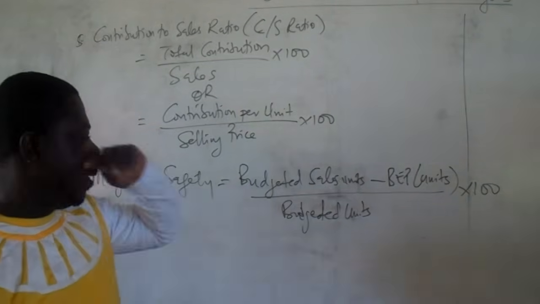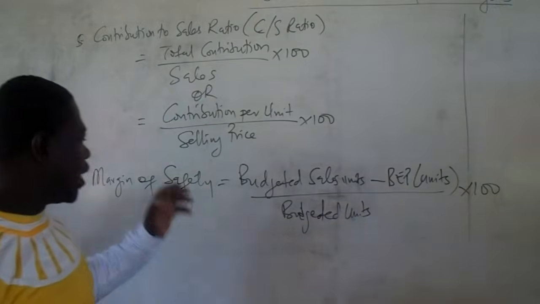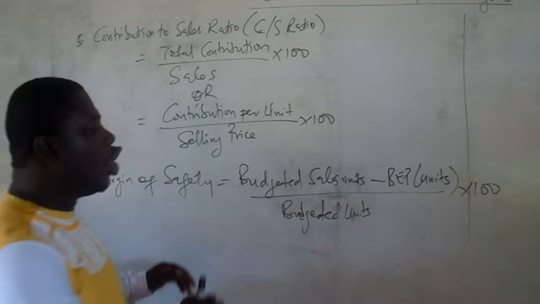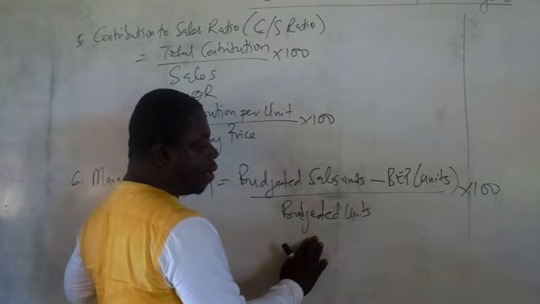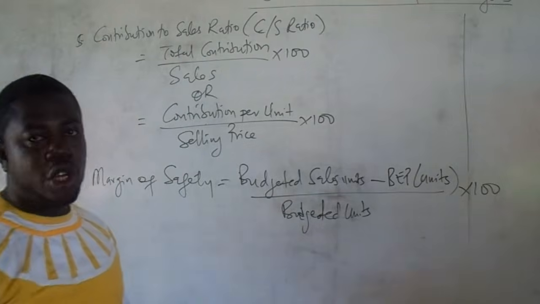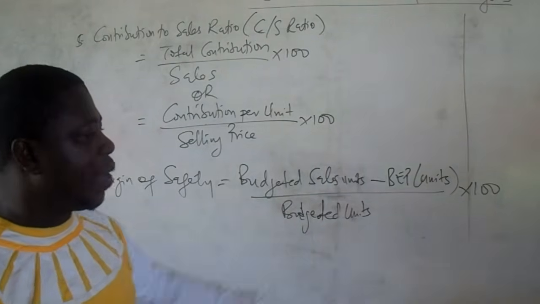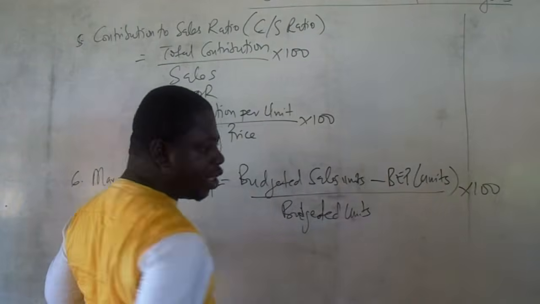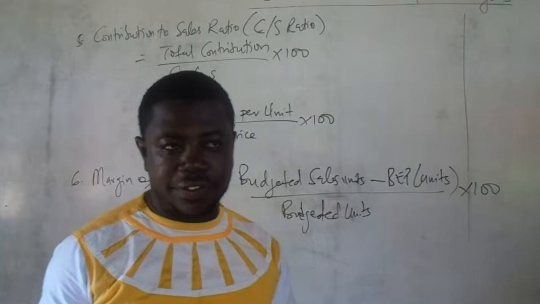It is the same formula that you use to get the margin of safety in units. If you want the margin of safety in percentage, you divide through by the base, the budgeted sales units, and then you multiply by 100. So for percentage you divide and multiply, and without percentages you don't. You just take the difference to get your margin of safety.